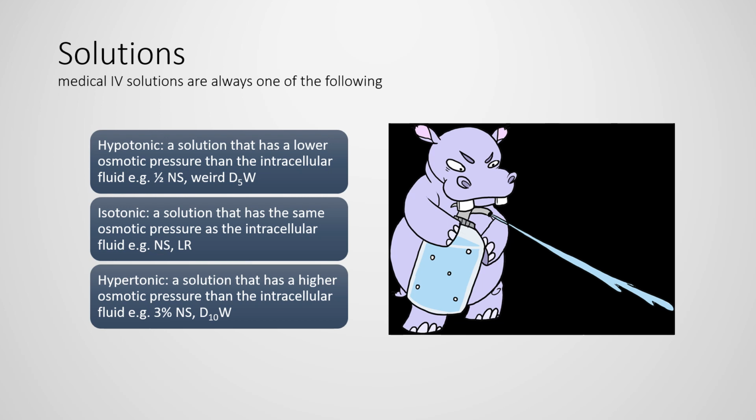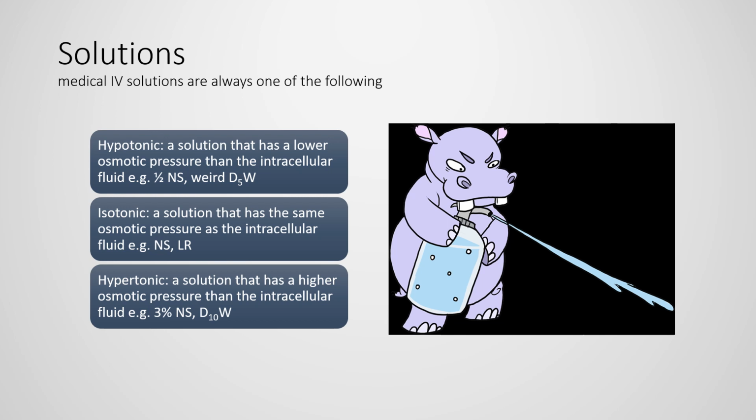So the fluid in hypotonic solutions will tend to leave the vascular space and go to the intracellular space and cause cellular edema, okay, and peripheral edema as well. Since the cells have higher tonicity, higher concentration of electrolytes, the water component of these IV solutions will migrate there.